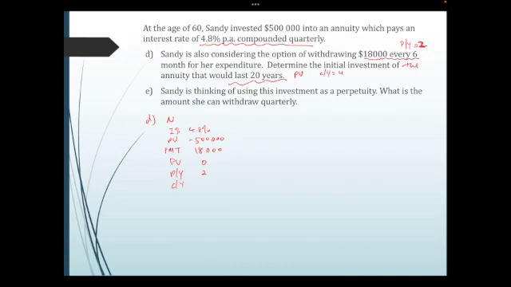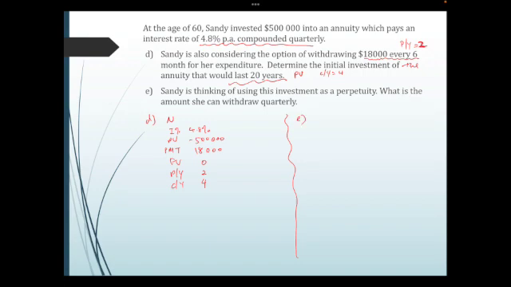The number of compounding periods is actually 4. So half yearly is 2. If we work that out, we will work out what N is. I will go through the calculator and then we'll sort it out in a few minutes.